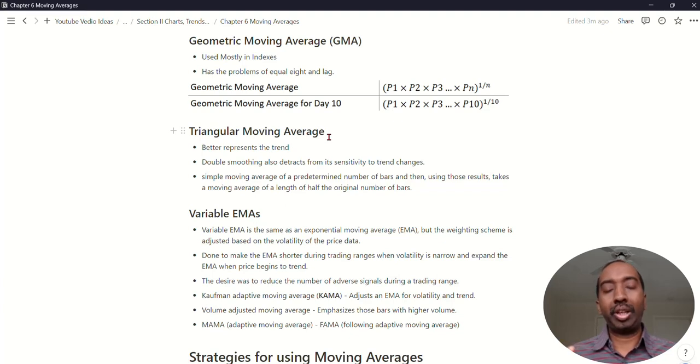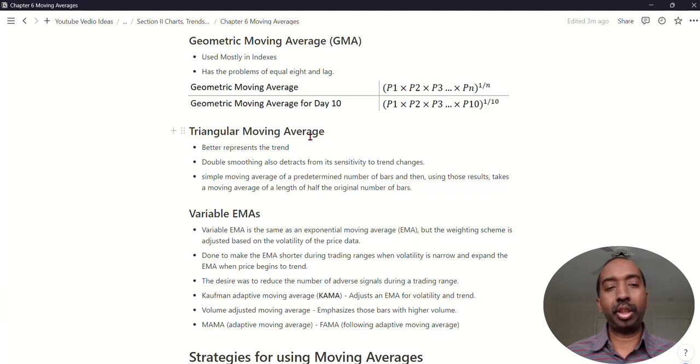So instead of the closing price, we use simple moving average for those 10 days and divide it by 10, or maybe as per the theory, we'll take half the length and divide it by 5. Then we'll arrive at the triangular moving average.